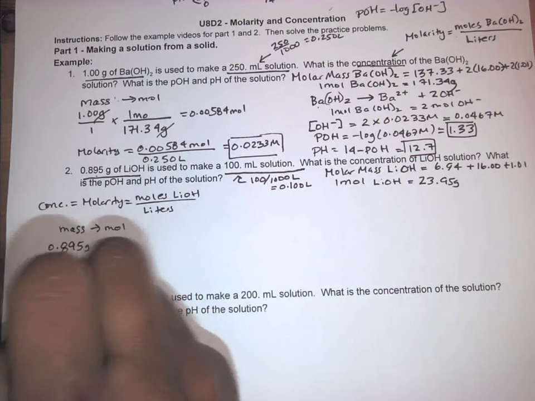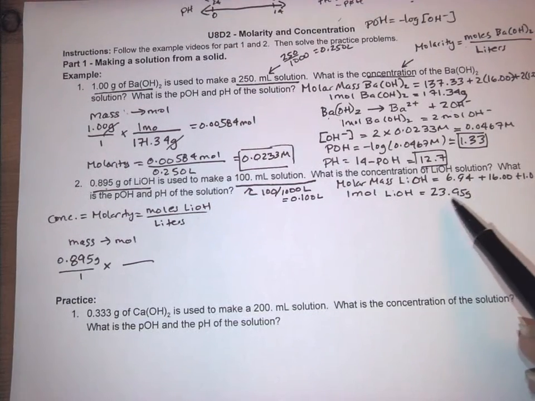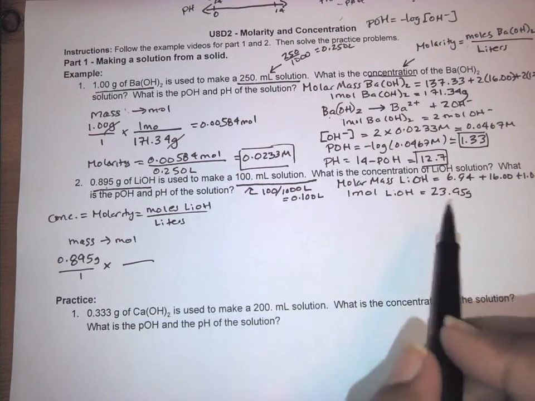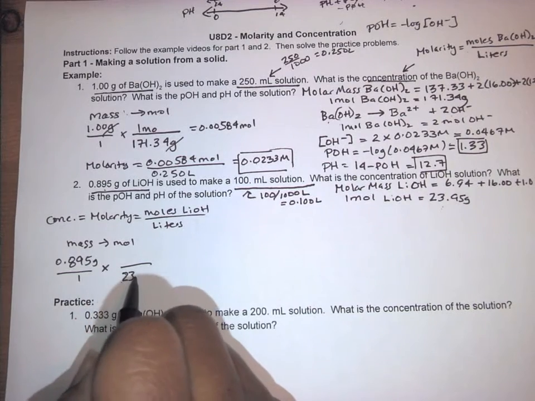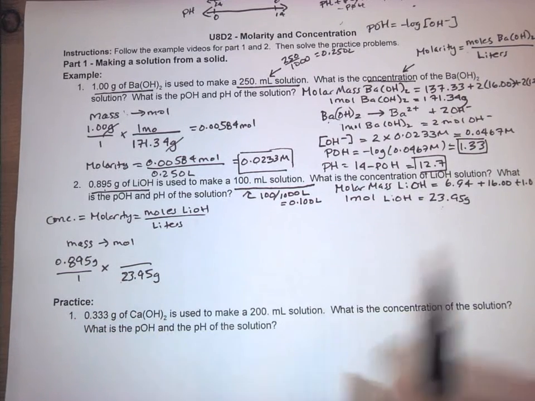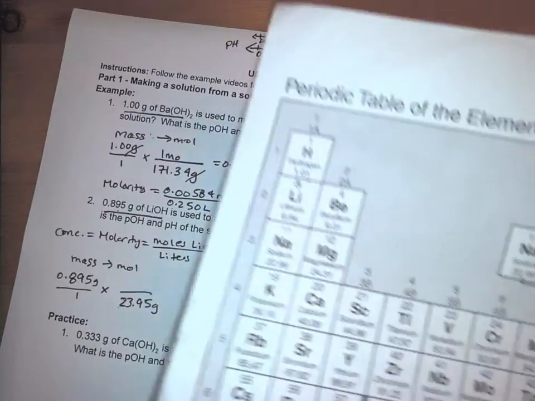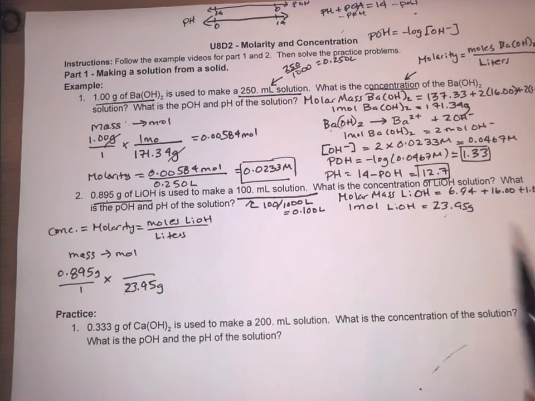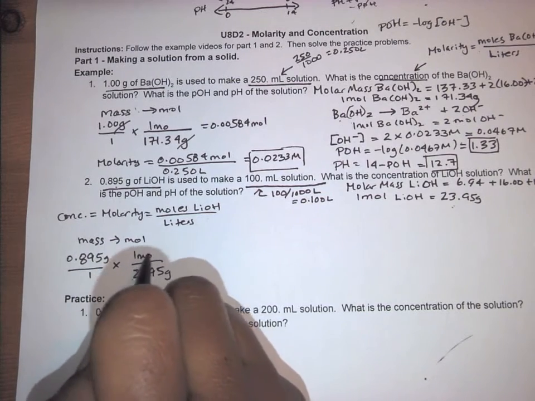So we take our mass here, 0.0895 grams over 1, times the second conversion factor, which comes from the molar mass. Since I have grams here, I'm going to put the 23.95 grams in the bottom. Just to remind you, I got this molar mass by using my periodic table. So 23.95 grams, and then 1 mole goes on top.